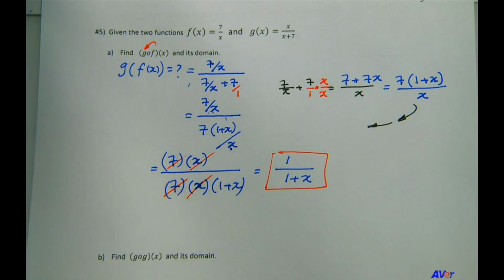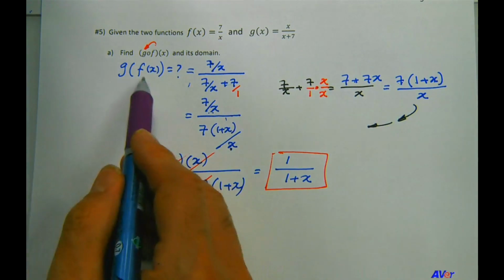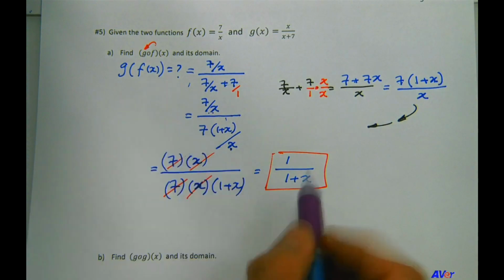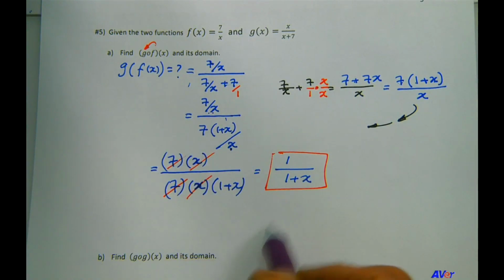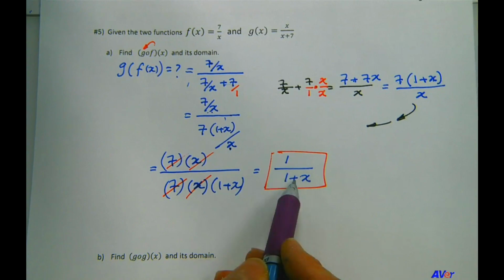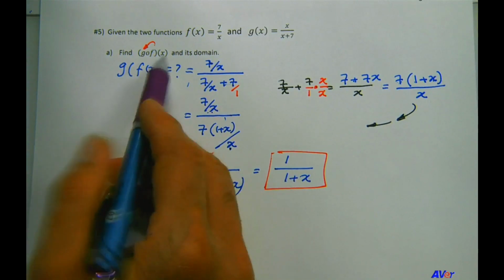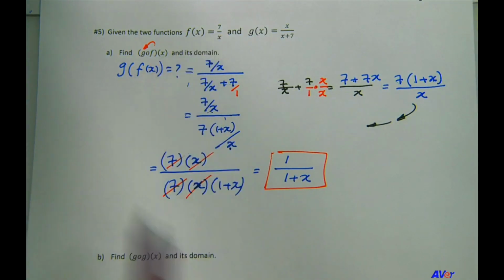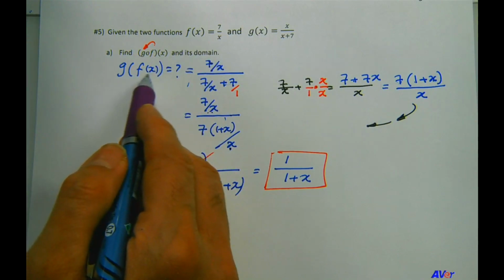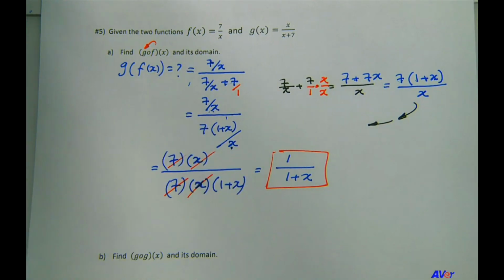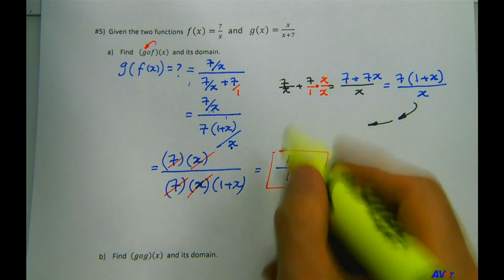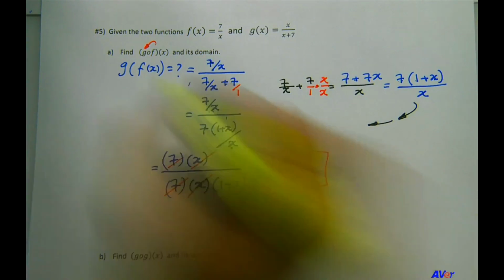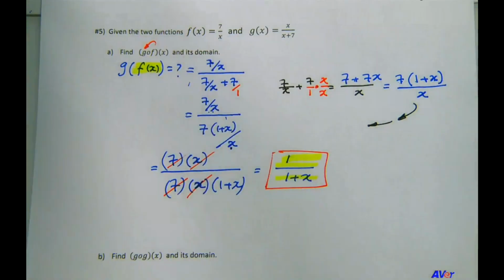Which function is that? It's the function f. So the final domain should satisfy this requirement and that requirement for f. Okay? Because f was the one that was replaced. So for the domain, these are the two functions we're interested in, that one and that one.